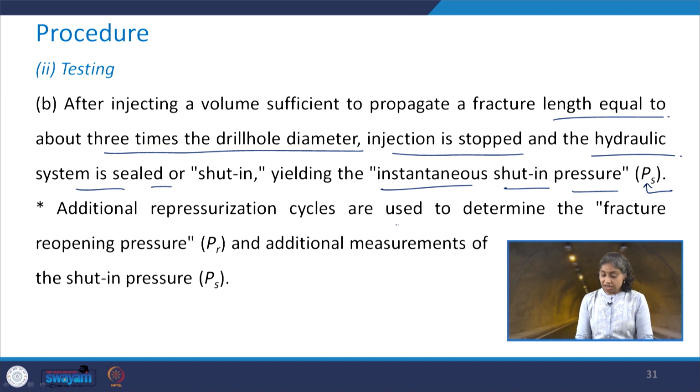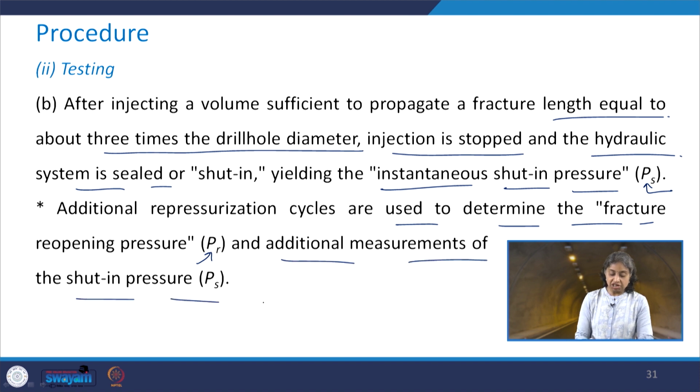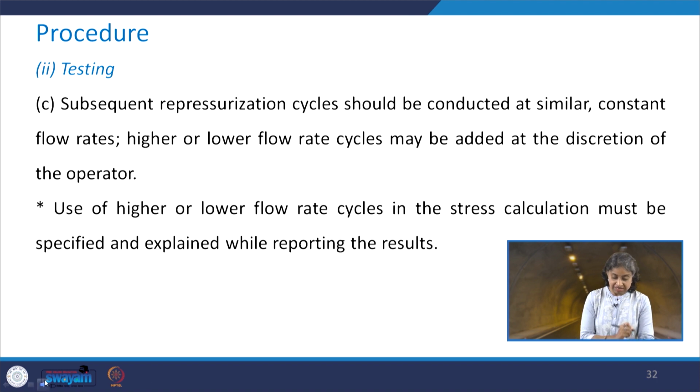These are used to determine the fracture reopening pressure, which is represented by PR, and additional measurements of the shut-in pressure PS. So, what will happen with these subsequent repressurization cycles? These should be conducted at similar constant flow rates.